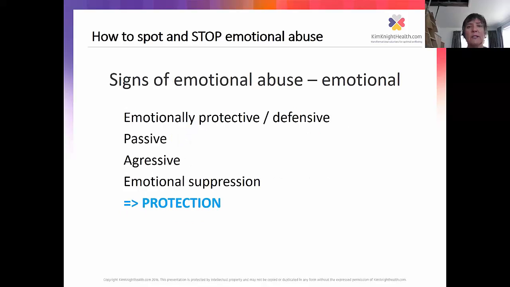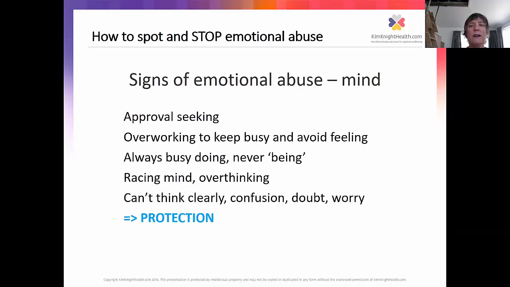On an emotional level, we may become emotionally protective and defensive, or we may become passive and aggressive, and there may be emotional suppression and a lot of other signs of things going on at an emotional level. And in our mind, at a mental level, we may have patterns such as approval seeking, overworking to keep busy and avoid feelings, always busy doing and never being.